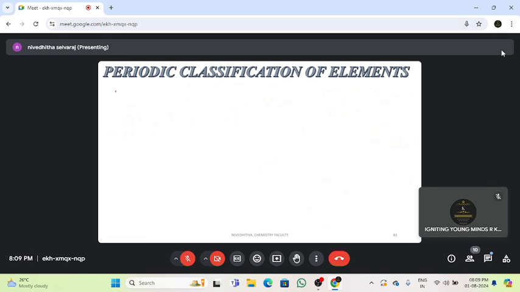Electron affinity is nothing but the attraction towards an electron. Now tell me how effective nuclear charge and electron affinity are related. Affinity means attraction, right? So attraction towards an electron.